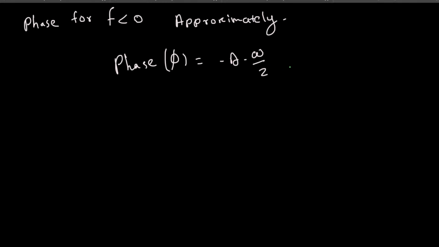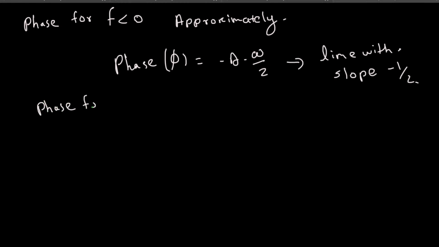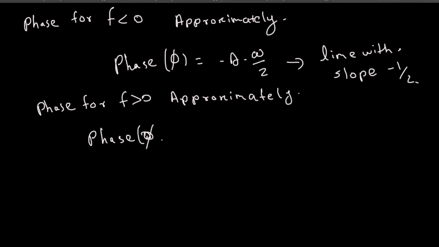And so this is a line with slope of minus half. And then phase for f greater than 0, approximately phase phi is theta minus omega by 2.